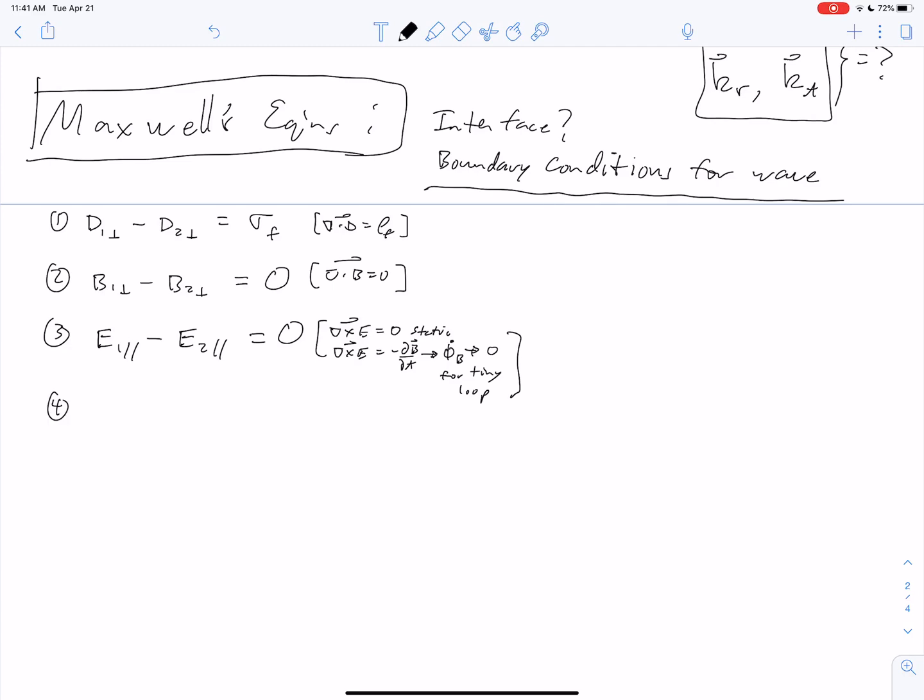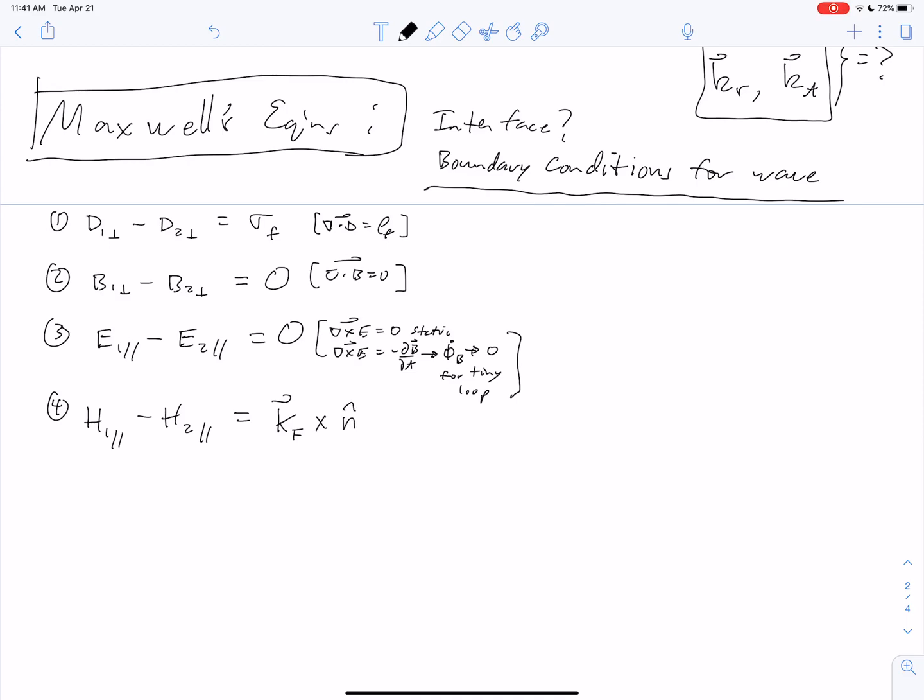Then the fourth one is going to be the parallel component of the H field. H1 parallel minus H2 parallel is equal to K free cross n, if there's some current density flowing on that interface.